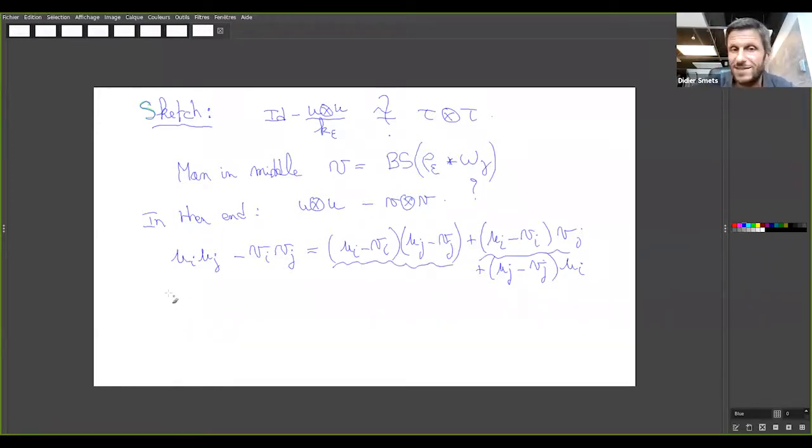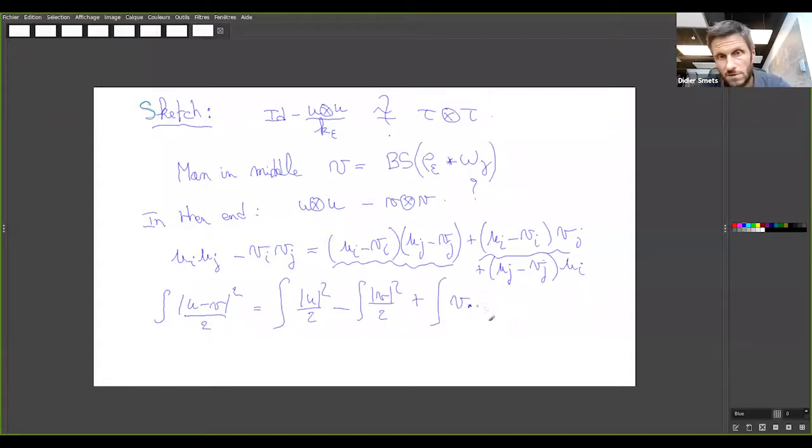For this one, I'm just going to make a quadratic computation. I will even control the difference of U minus V in L2, the kinetic energy of the difference. Here I just write it as U squared over 2 minus V squared over 2, and then I have plus V minus U. Some of the assumptions are going to control this already.